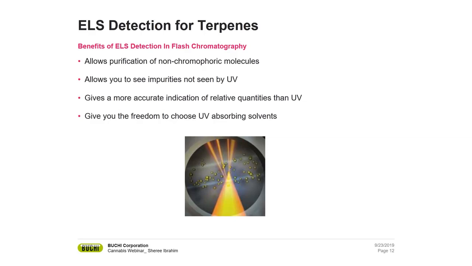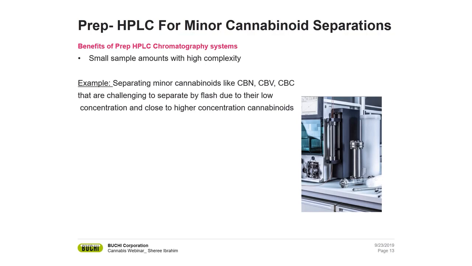Along with that, you can see any impurities that are not absorbed by UV. And the ELSD gives you more accurate indication of relative quantities, and it gives you the freedom to choose UV absorbing solvent.